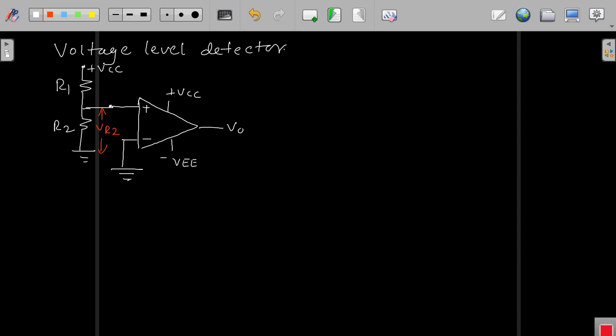So how would you get the output? Let us say you have something like this. Here I would like to have this as my VR2.